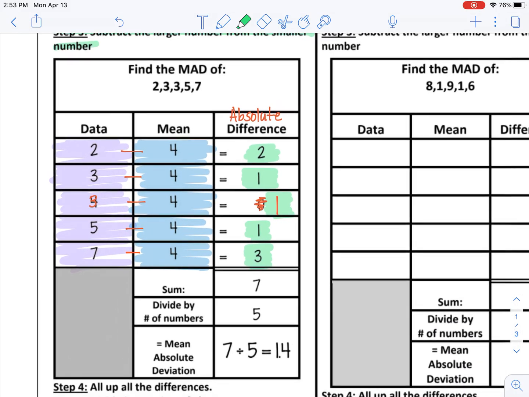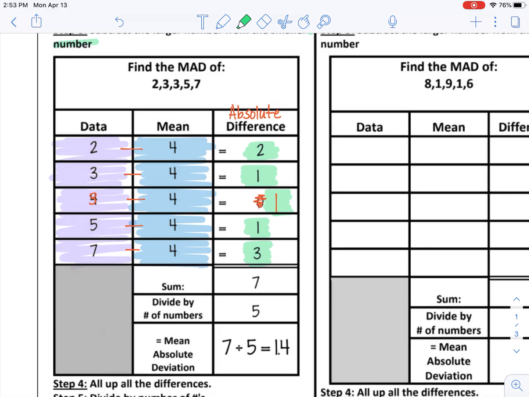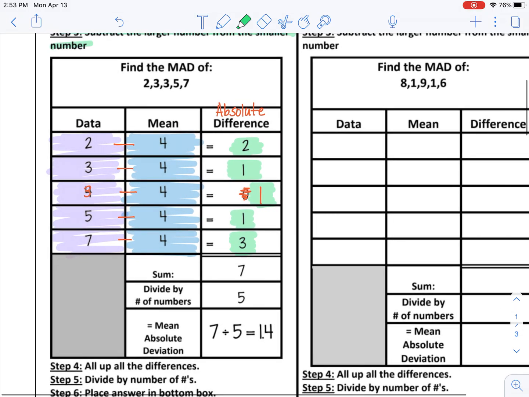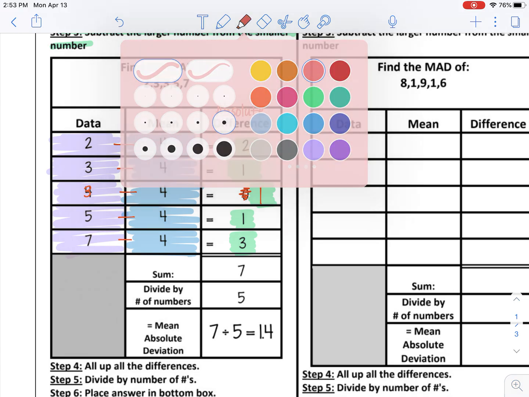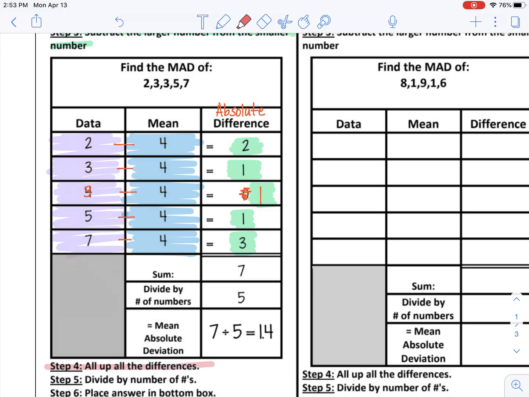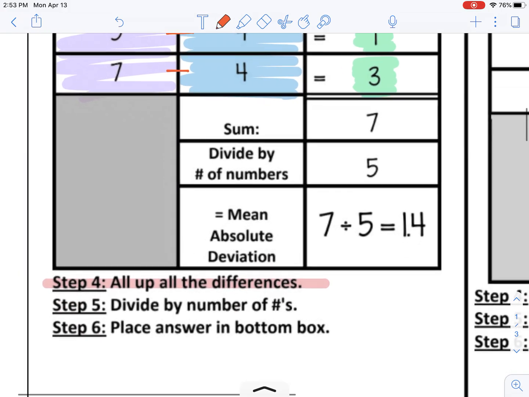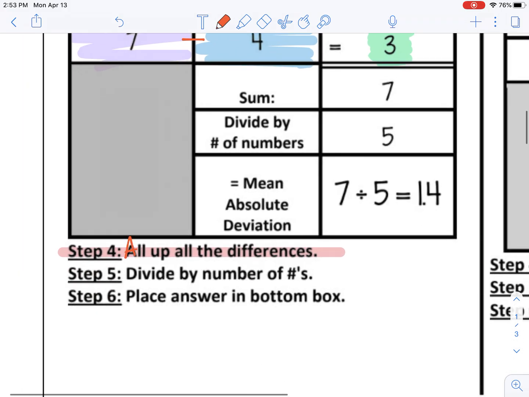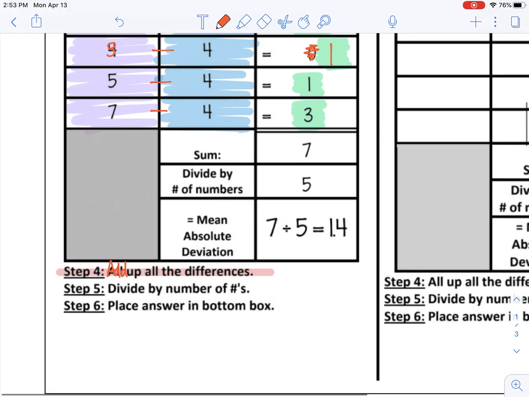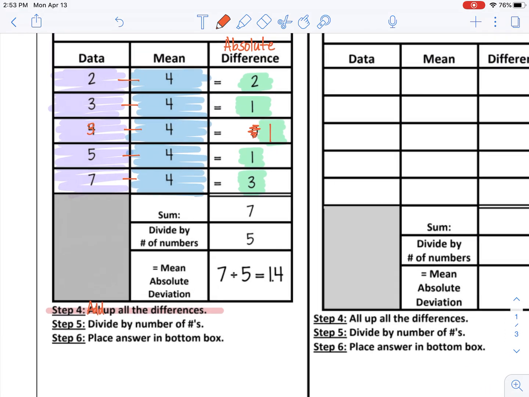Then we're going to follow the chart in steps, the next set of steps. We set up all the differences. We did that. And then we're going to add them all up in step number 4. Change this word: add up all the differences.